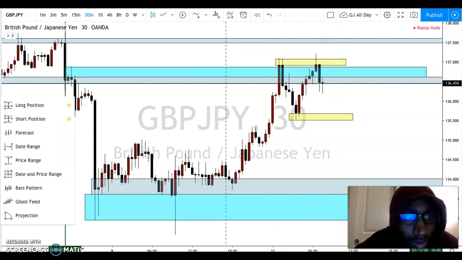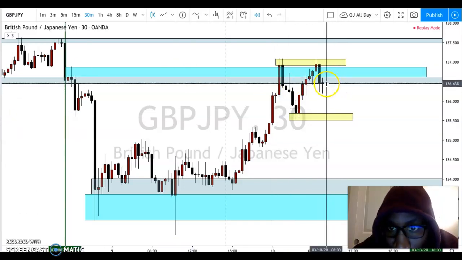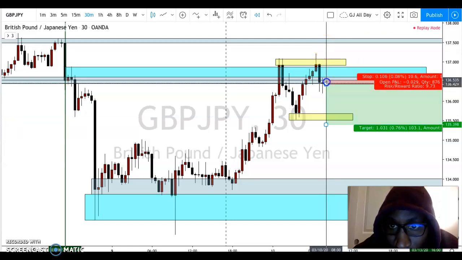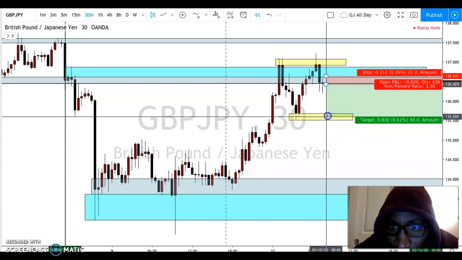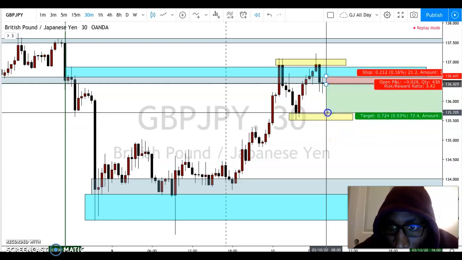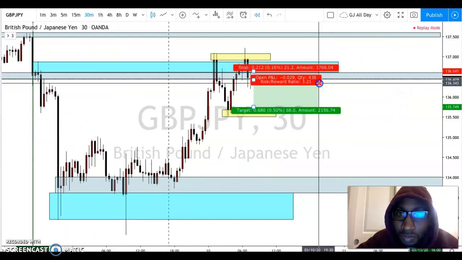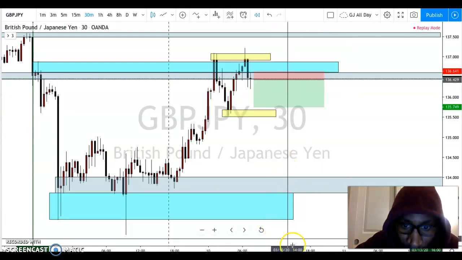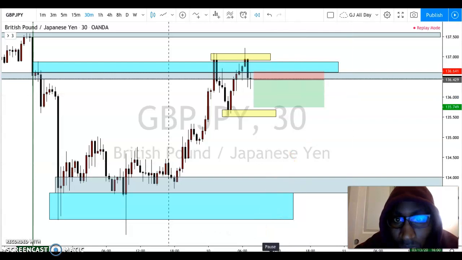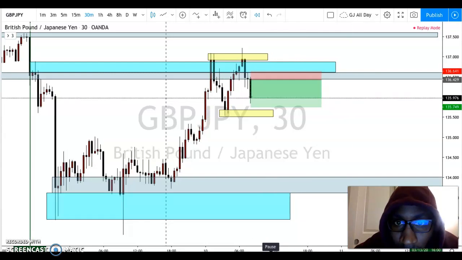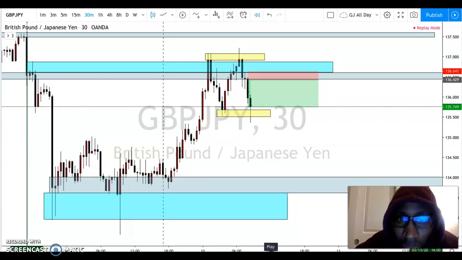So I would have gone short right here and put my stops right above that and took it here. And let's see how it works out. Okay, and we TP.